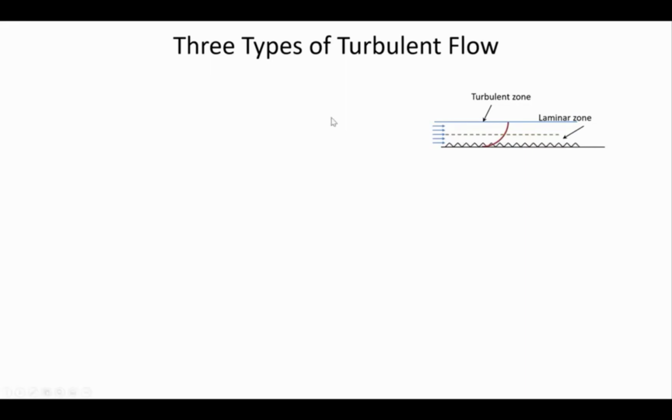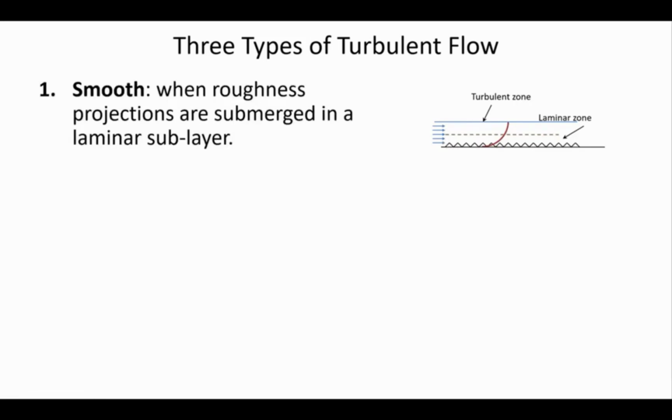So the categories of turbulent flow are that either these roughness elements are fully contained within the laminar zone, and we call that smooth turbulent flow. That almost seems like a contradiction in terms, doesn't it? Smooth turbulent flow.